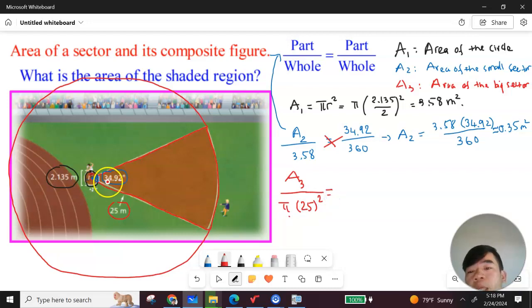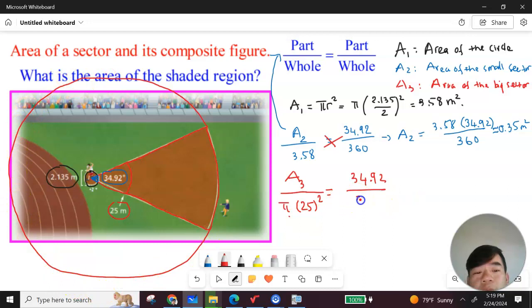Now again, the measure of the angle right here is the central angle of the big sector. So it should be 34.92, and the measure of the whole circle is 360 degrees.